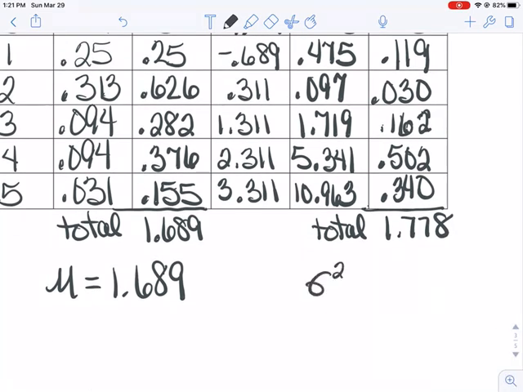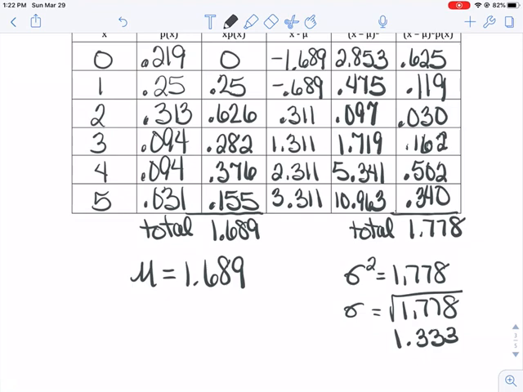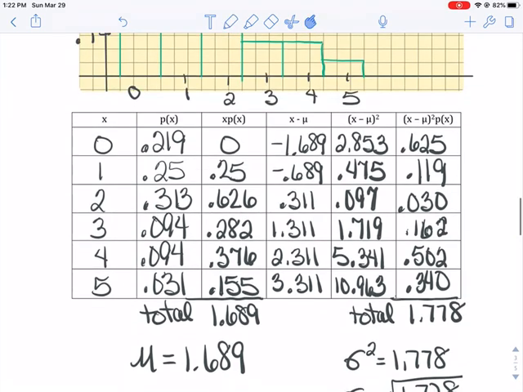So our variance, 1.778. And remember, our standard deviation is the square root of that. 1.333. Okay. All right. So hopefully that helps you out.